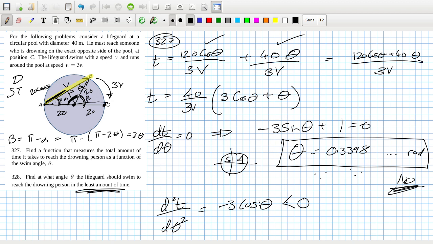Weird, which is negative, which makes it a maximum time. So what have I done wrong?